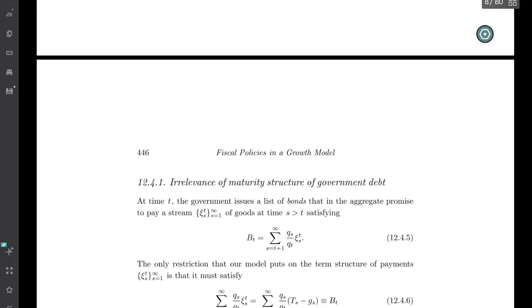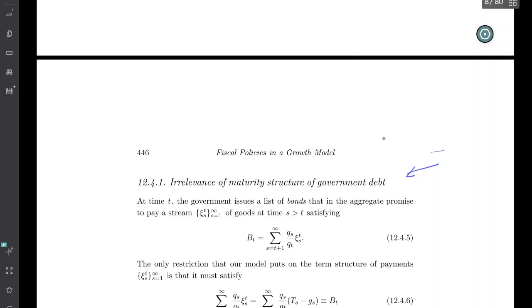Well, another thing we did in chapter 9, and also when we did the Clementi-Gottardi model, is that we had a Modigliani-Miller theorem, and we also had an irrelevance theorem when we talked about essentially the real bills doctrine when we were studying overlapping generations. Well, it turns out the maturity structure of government debt is irrelevant.